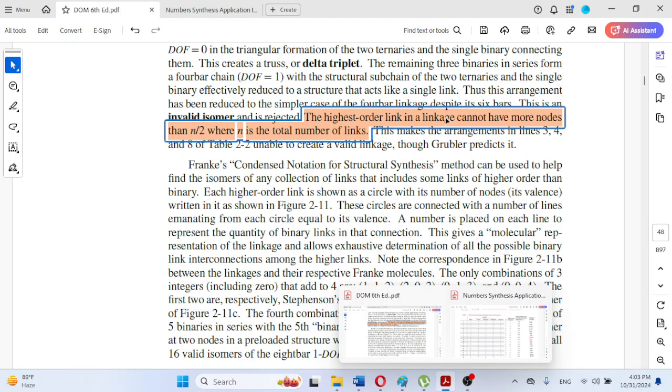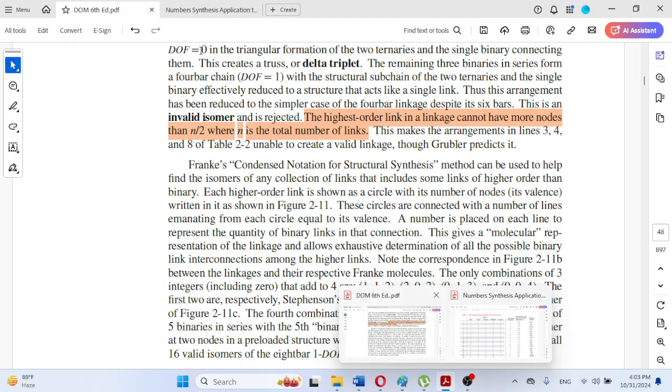So if there is at least one link of hexagonal order, that means there are 6 nodes. As 6 is greater than 5, that is an invalid set which is practically unable to be connected to obtain the mechanism. So we must be careful with this fact.